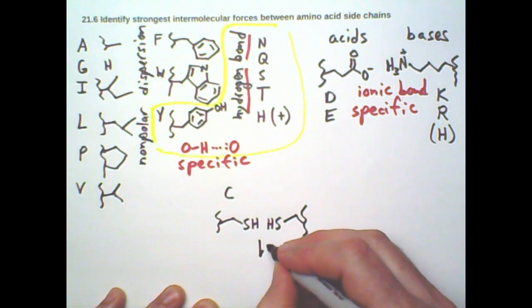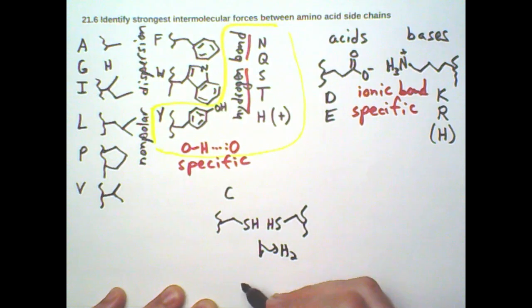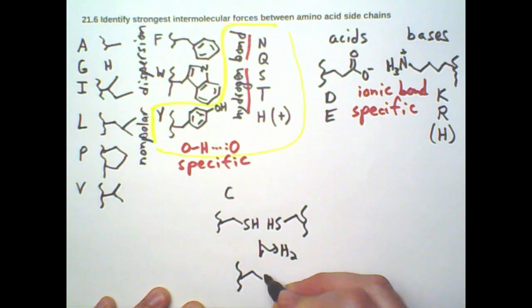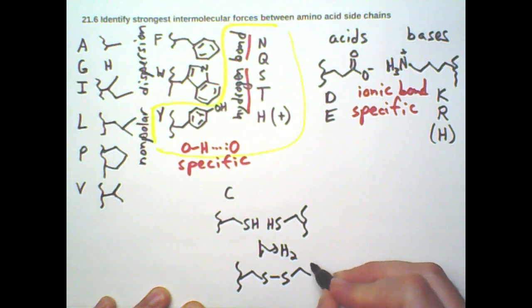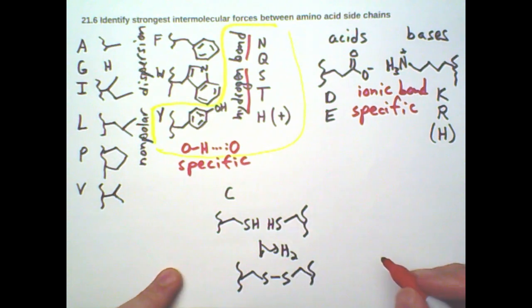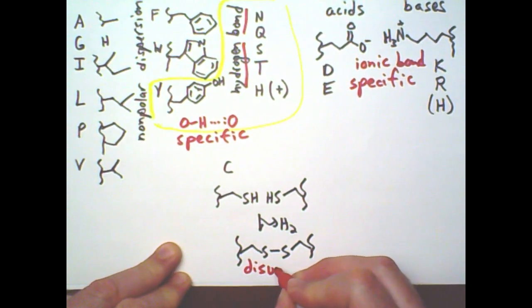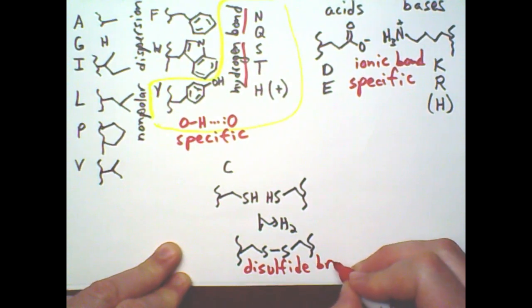So it loses H2 somehow, not usually as H2, but we're going to take out an H2, and we then form a covalent bond between the two. This is called a disulfide bridge.